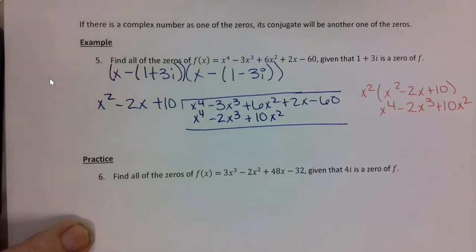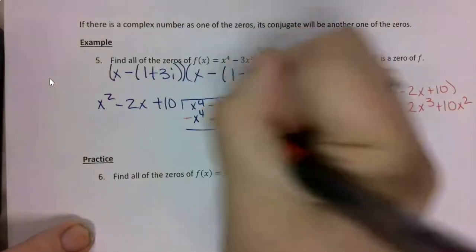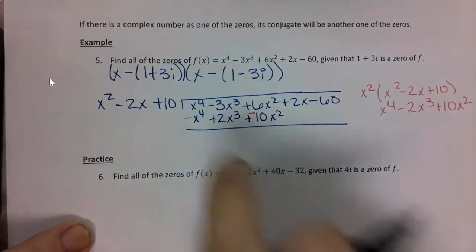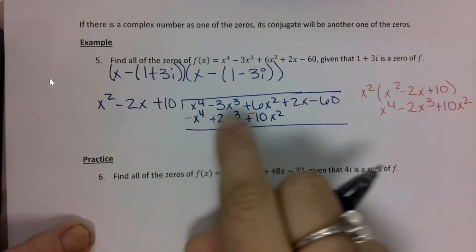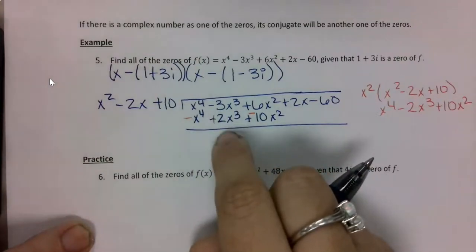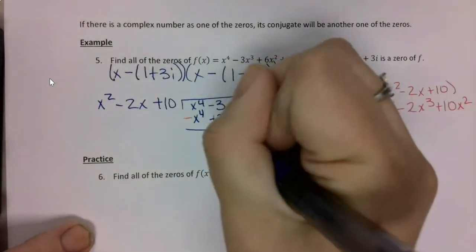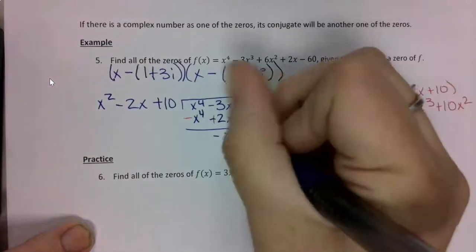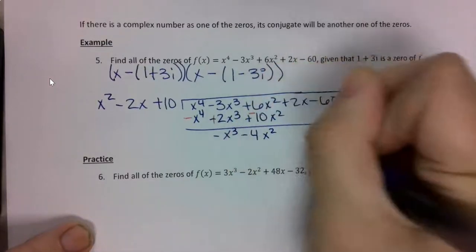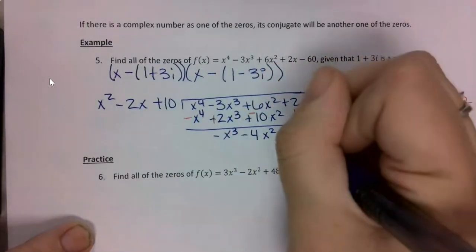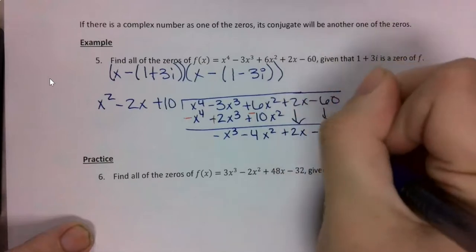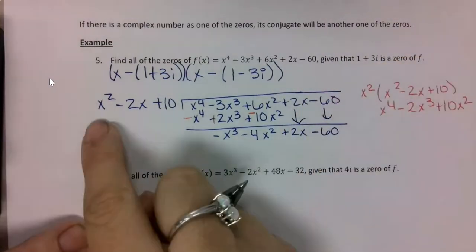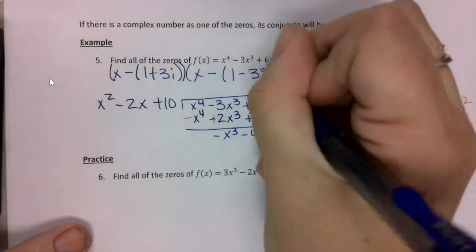Okay, and then I want to change my signs. So then the x to the fourth cancels out. Negative 3 plus 2 is negative x cubed. Positive 6 minus 10 gives me negative 4x squared. I want to drop down my remaining terms. Then I'm looking for what, oops, I forgot to write what I multiplied up above.